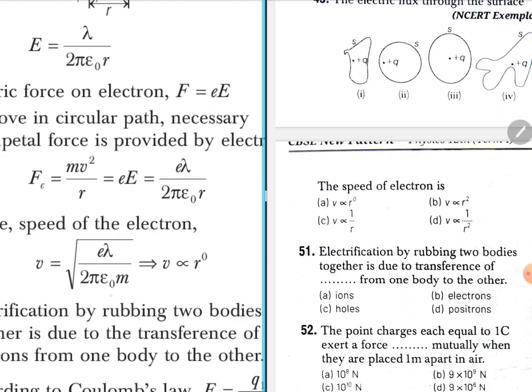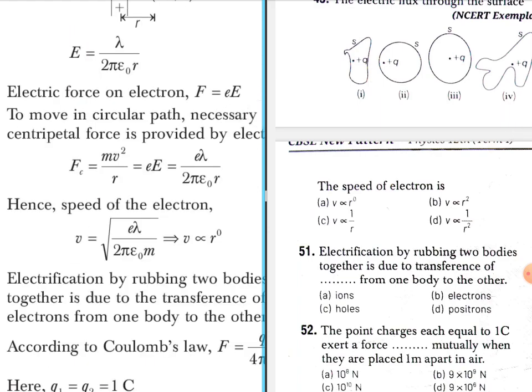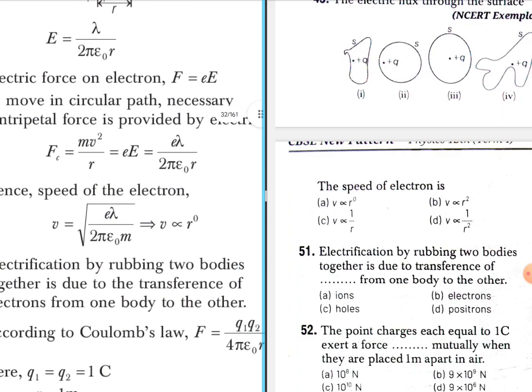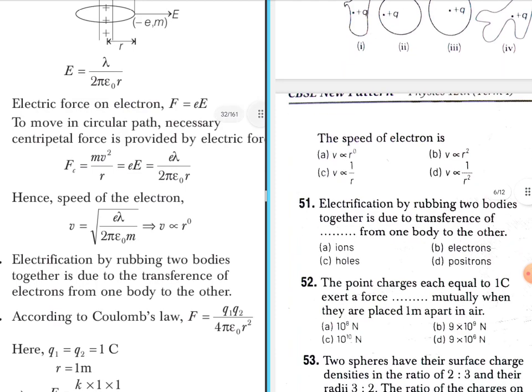Can you see, in the velocity r disappears, it is independent of r. Speed of the electron is proportional to r to the power 0, since there is no r there, because r and r get cancelled here. So that's what it is. Such a beautiful question. So this covers 50 questions and answers.